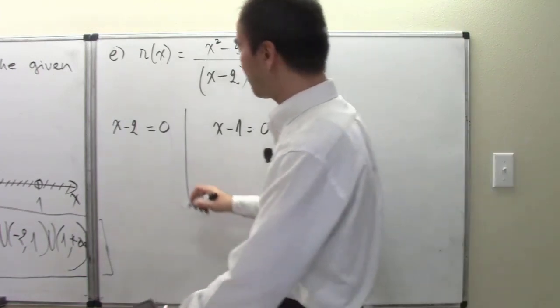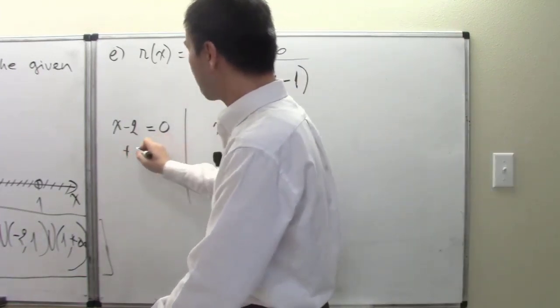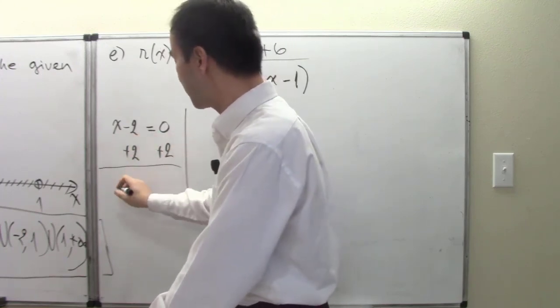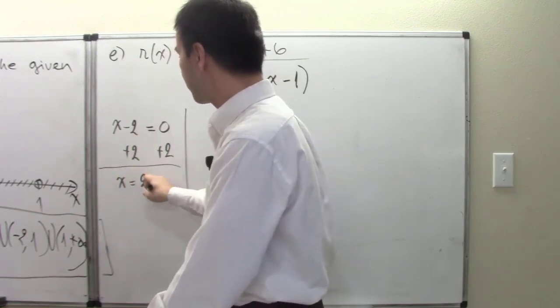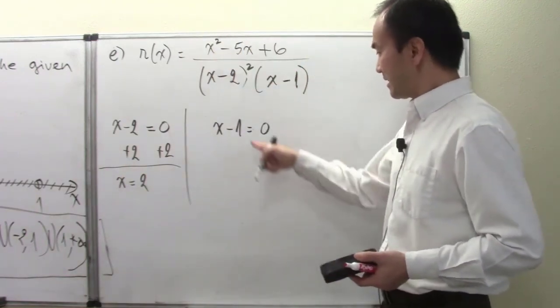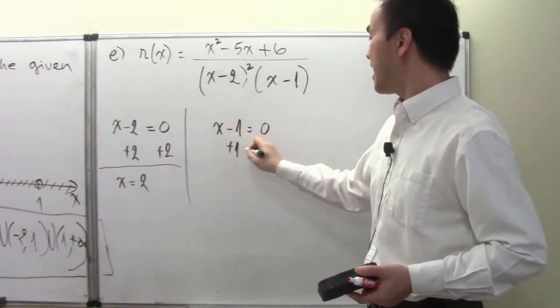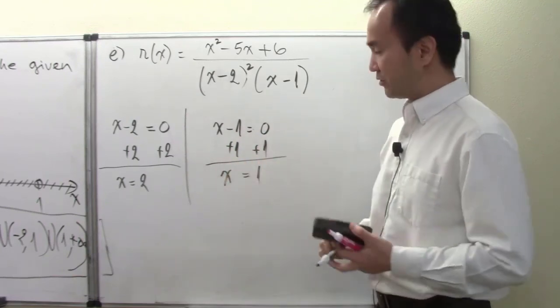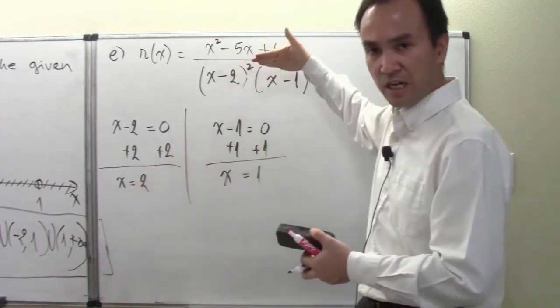Now I can solve for the zeros of my denominator. In the left column, I'm going to add 2 to both sides, which gives x equals 2. In the right column, I'm going to add 1 to both sides. That gives me x equals 1. So these are the two zeros of our denominator.